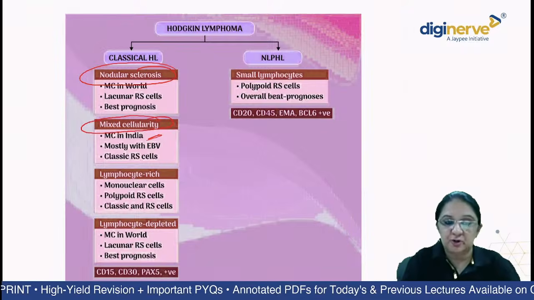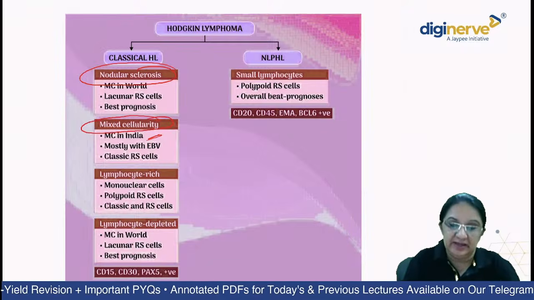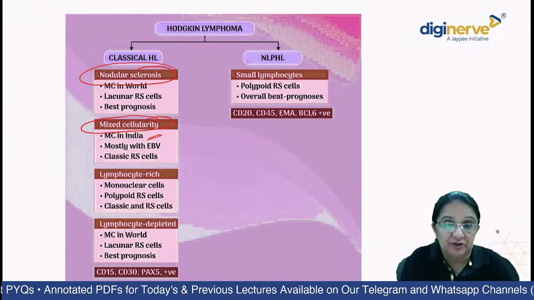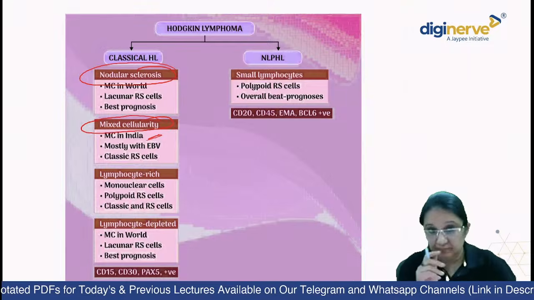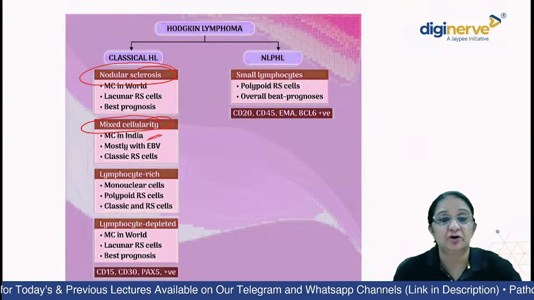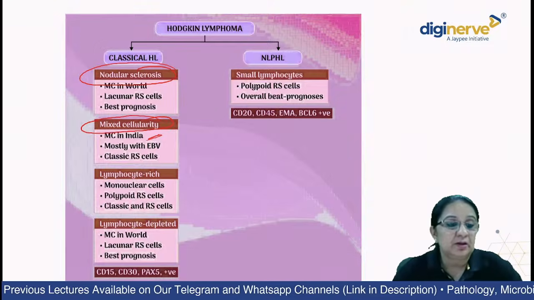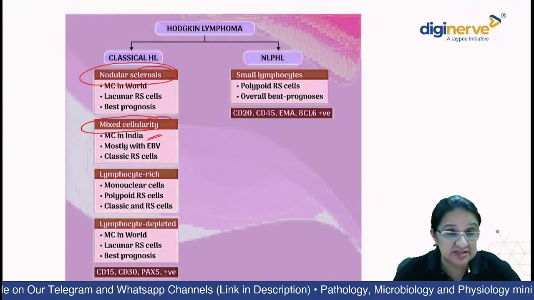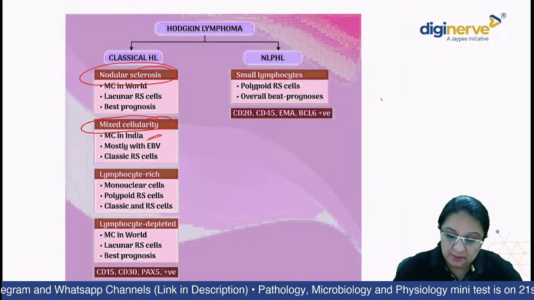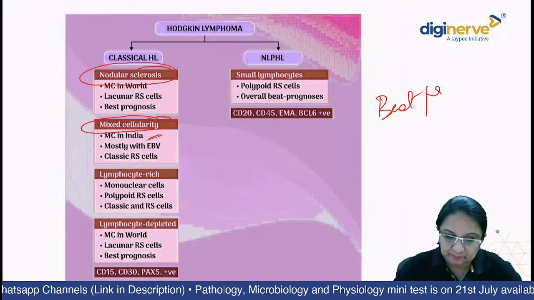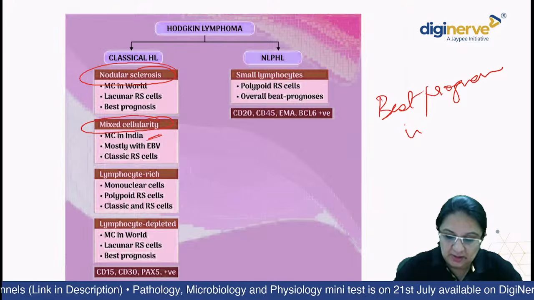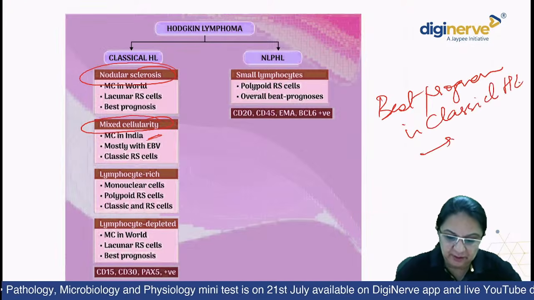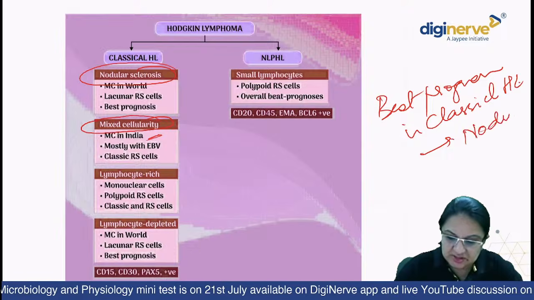The most common Hodgkin lymphoma in India is mixed cellularity; in the world it is nodular sclerosis. The best prognosis in classical Hodgkin would be nodular sclerosis.